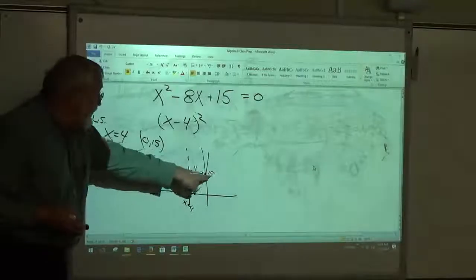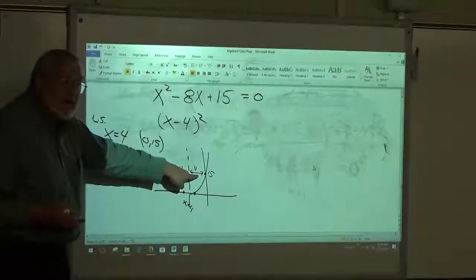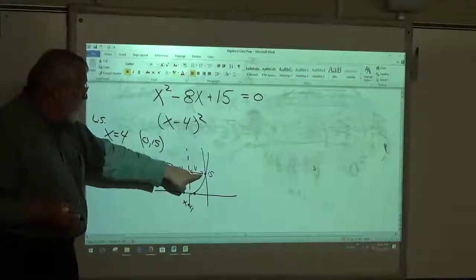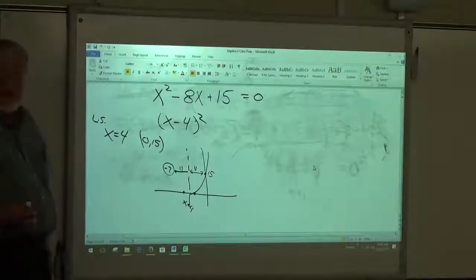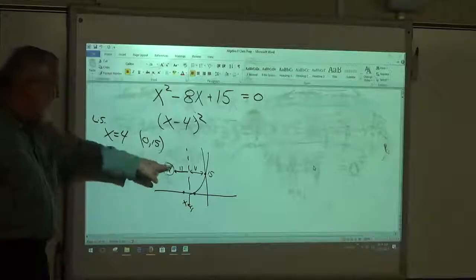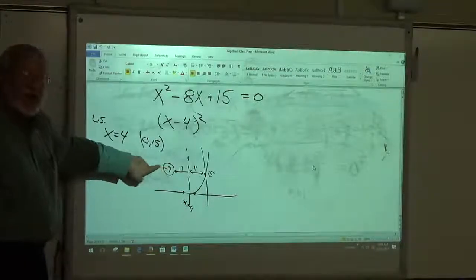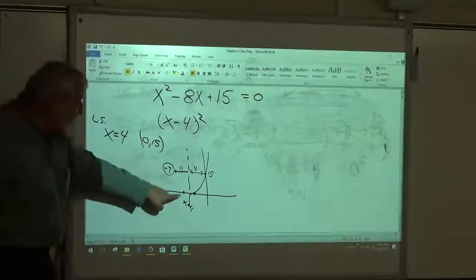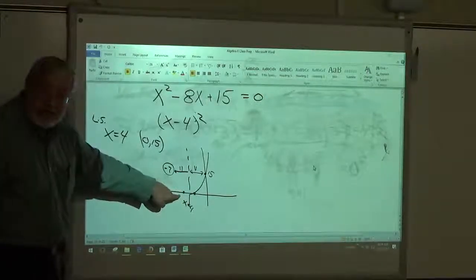Because 15 going to 4 is 11. So if from the line of symmetry you go 11 to get to the y-intercept, then you're going to go 11 in the other direction. Now again, I've not ever seen a use for this number. I have seen a use for these two numbers.